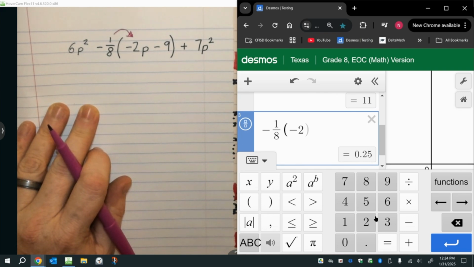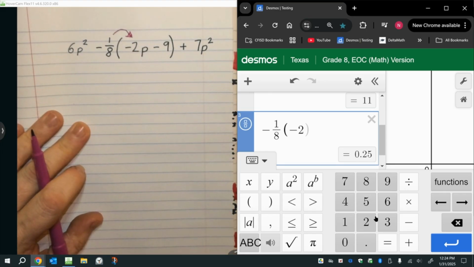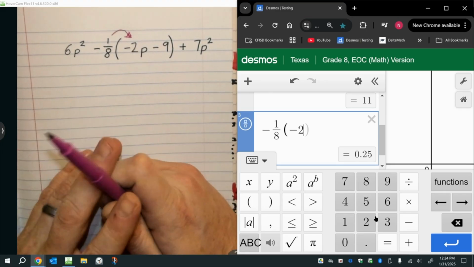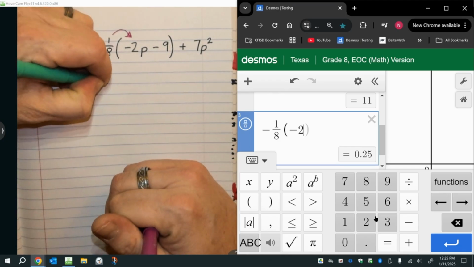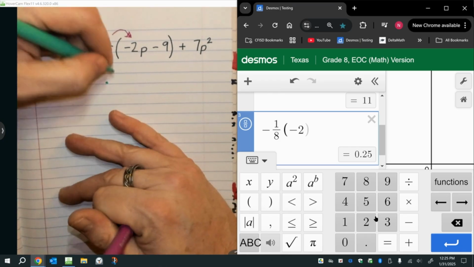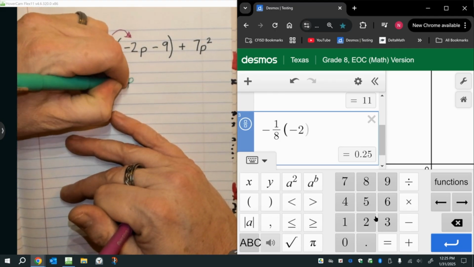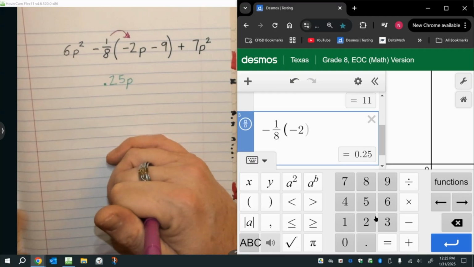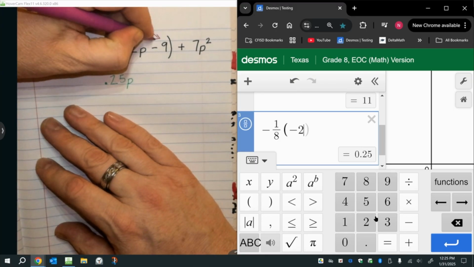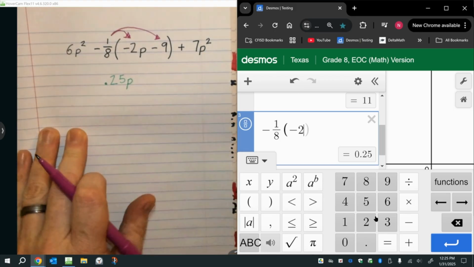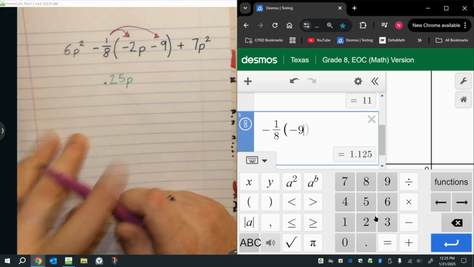Again, I cannot type the p, so I'm just going to put 0.25. So let's see. We'll write 0.25, and we'll attach our p. Okay, and then we'll distribute our negative 1 over 8 to 9. So we'll get rid of that and make it a 9, and we get 1.1.